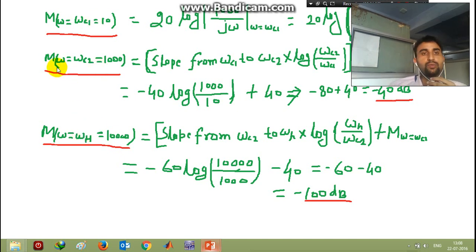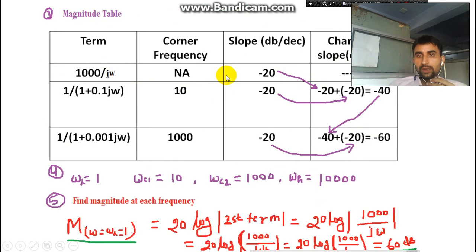From the second term onwards you have a common formula. For omega is equal to omega c2, we have the formula: slope from omega c1 to omega c2, because till omega c1 we already have found the magnitude. So slope from omega c1 to omega c2 into log of omega c2 by omega c1, plus the magnitude we found at omega is equal to omega c1. Go to the table, this is the value of omega c1, this is the value of omega c2.